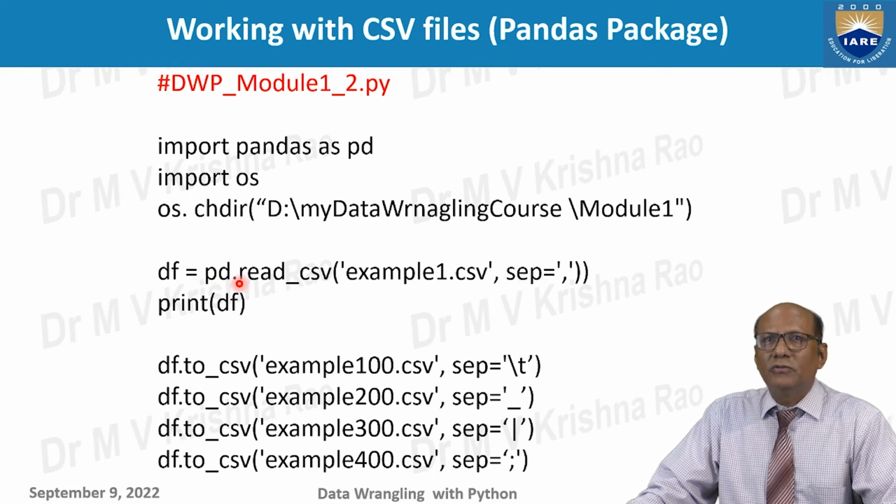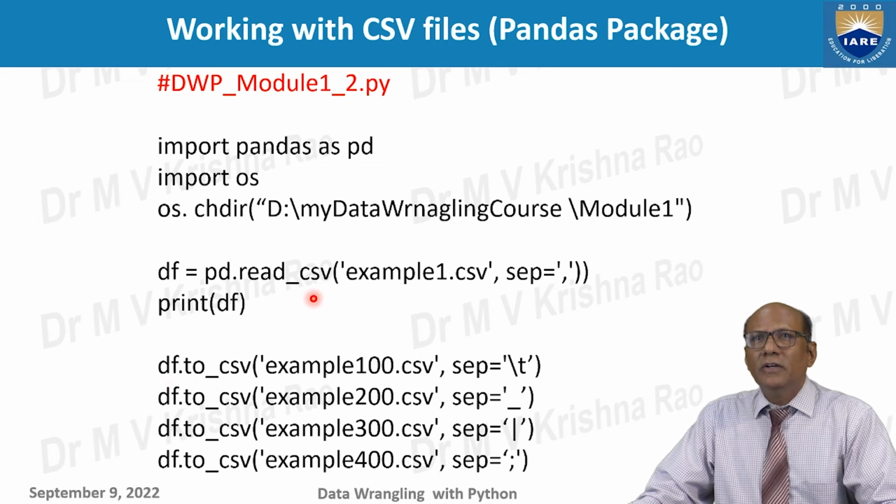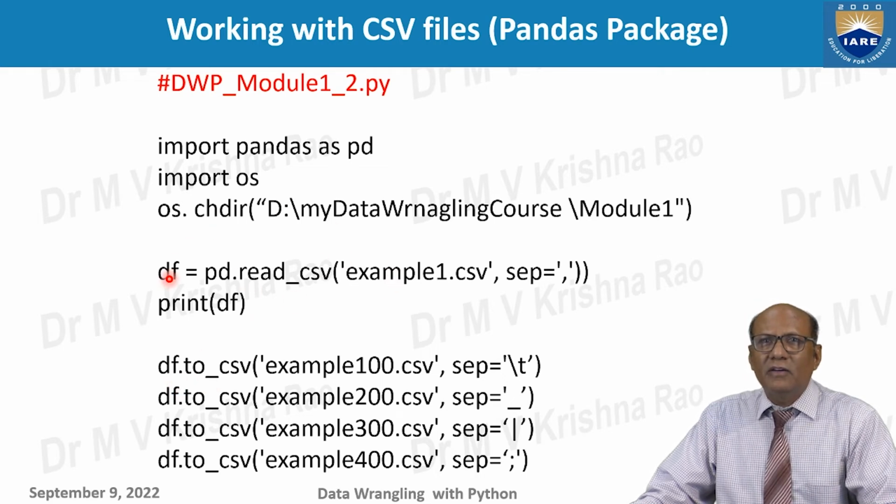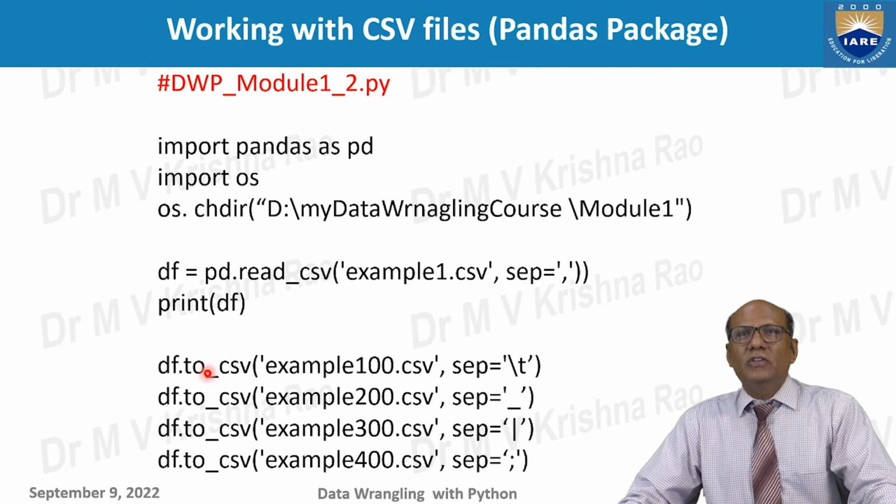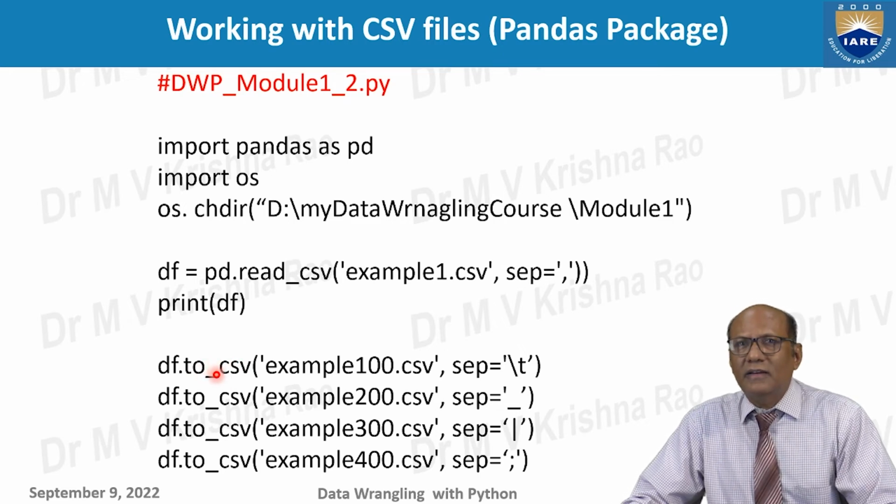So this is the read_csv method. Whatever you have read is there in the data frame object, and this is data frame dot to_csv. So this is the writing. There it was csv.writer; in place of csv.writer, I have to use to_csv.